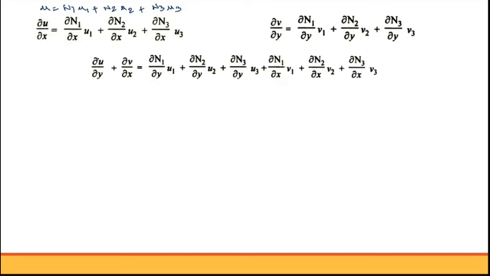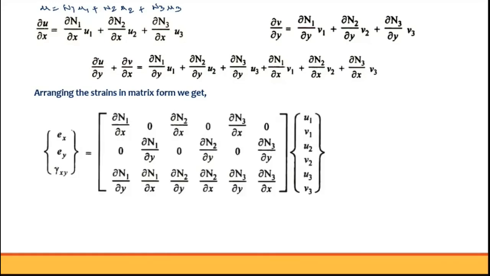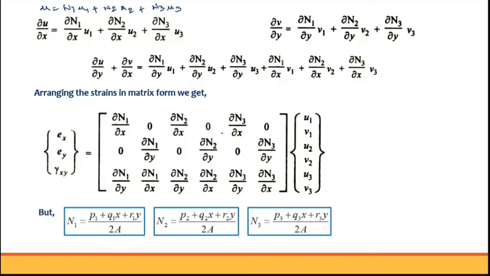So now our aim is to identify what is dou n by dou x, right? Let's identify. So when we write it in a matrix form, it is like dou n1 by dou x 0, dou n2 by dou x 0, dou n3 by dou x 0. So writing similar to that. So you know the values of n1, n2, and n3: it is p1 plus q1x plus r1y divided by 2a.